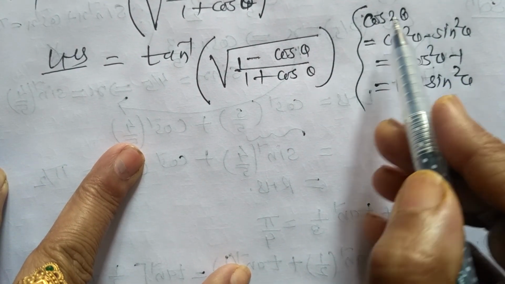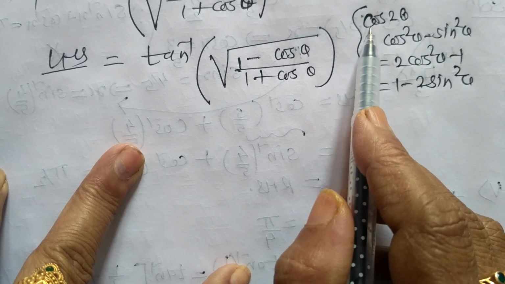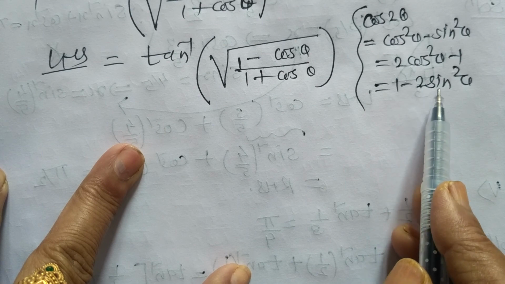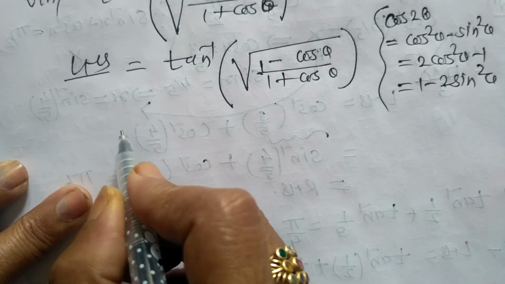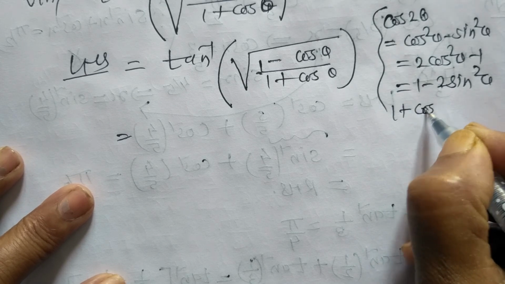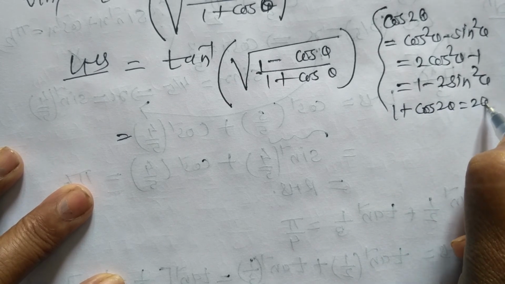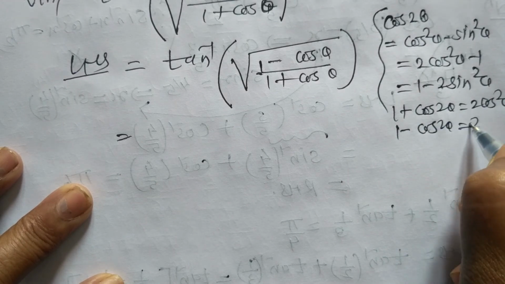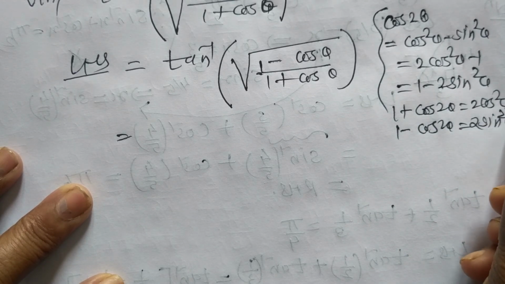Suppose this is theta. So for 1 minus cos, this cos becomes negative here, and we can transfer 2 sin square theta to the left side. And in general we take 1 plus cos 2 theta is 2 cos square theta, and 1 minus cos 2 theta is 2 times sin square theta.